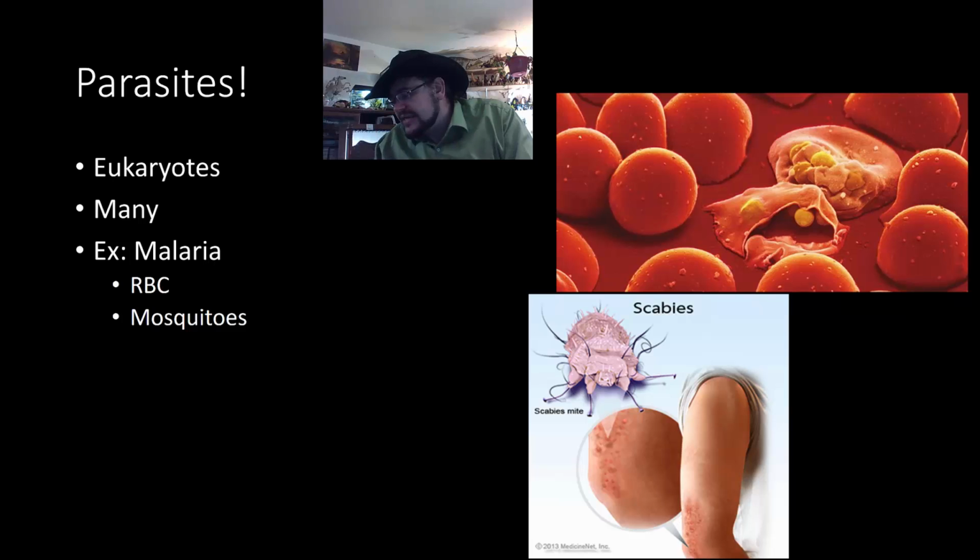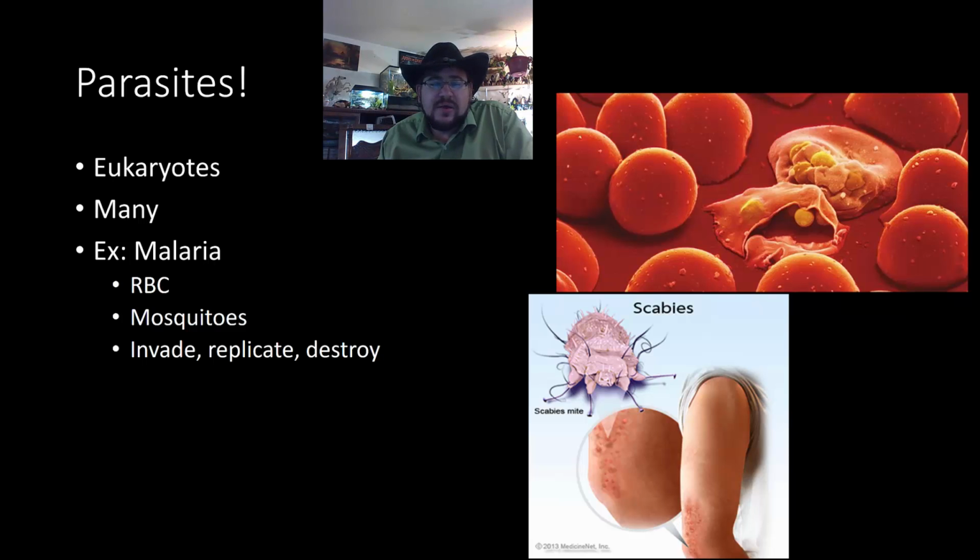So when the mosquito attacks and essentially spits into the next person, because their spit numbs you so that you don't feel the mosquito poking into your blood vessel and drinking, they spit out the malaria, and then it ravages the person, and another mosquito comes in, drinks the blood, and gets malaria plasmodia, and flies off. They migrate to the salivary gland, and the cycle continues. So that's how malaria works. It invades the red blood cell, replicates, destroys red blood cells, and is transferred from host to host by mosquitoes.